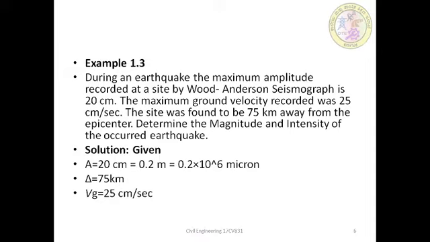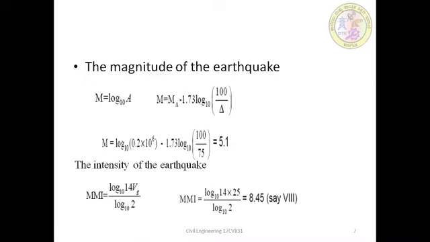So now you just substitute in M equals log of A plus the distance correction term, a function of delta. So log of A is given, A is given, so you just substitute the corresponding values for M. So M is equal to log of A. Here A is 0.2 into 10 raised to 6, you substitute it, or you can see it directly in the equations.